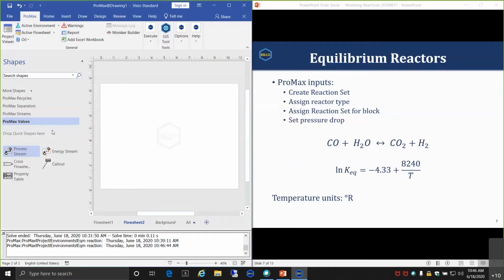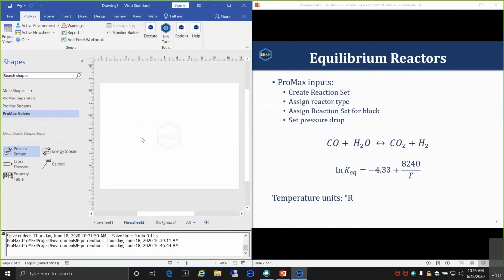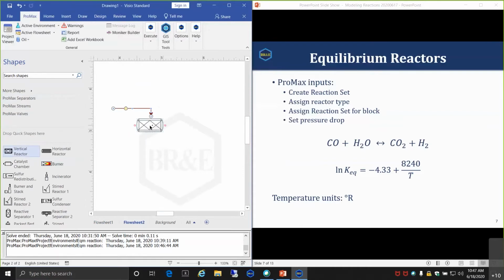All right, so now let's rebuild our system a little bit. I'm going to cheat and copy and paste my inlet stream. I'm going to come over here to my reactors and bring in a reactor.